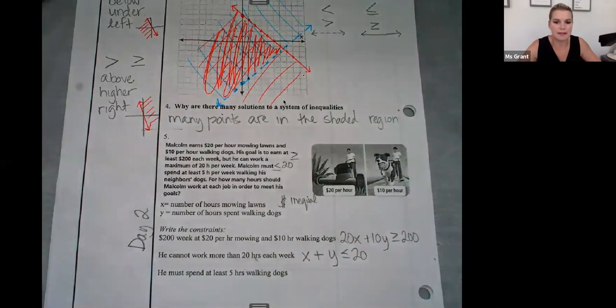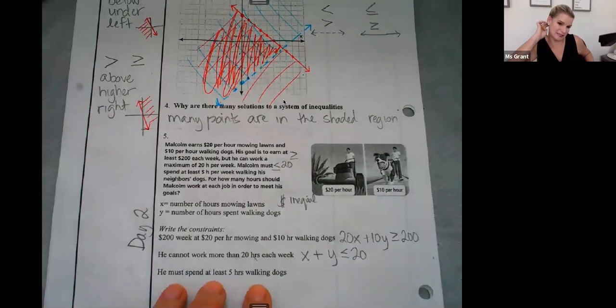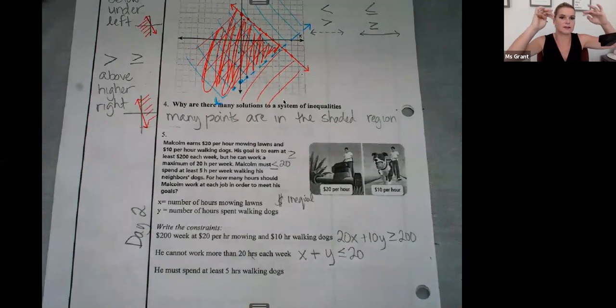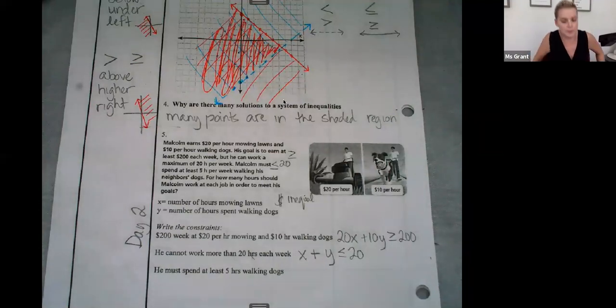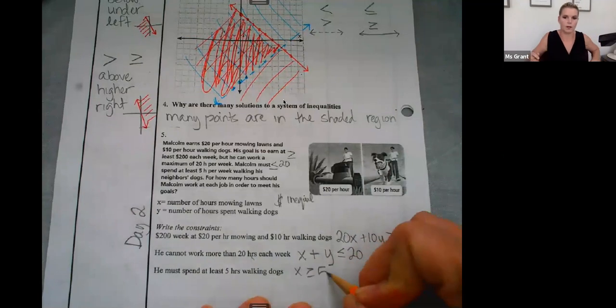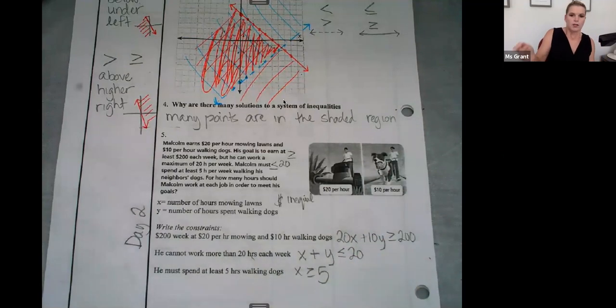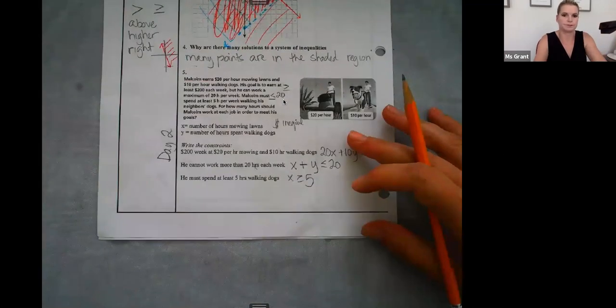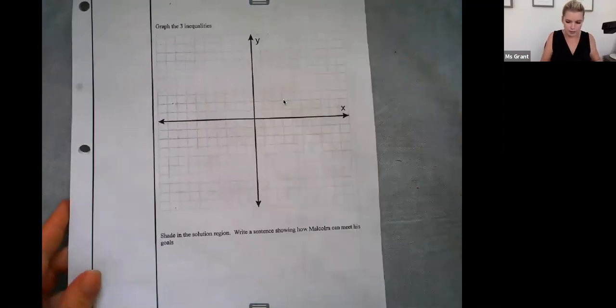He must spend at least, that's like at least more than or equal to 5 hours walking the neighbor's dogs. Okay. So I've organized my information here. So now, write your 3 inequalities again.